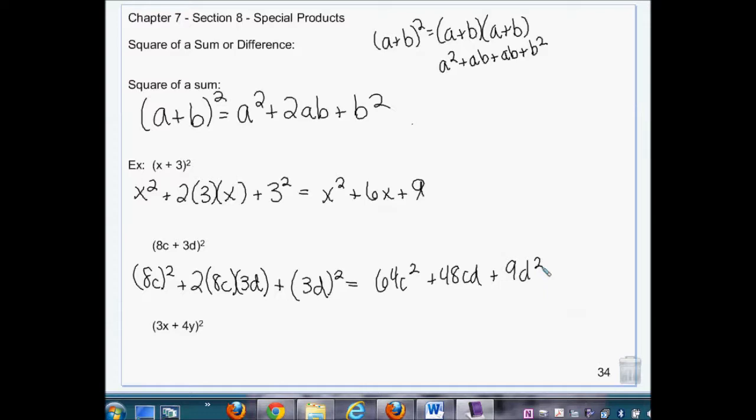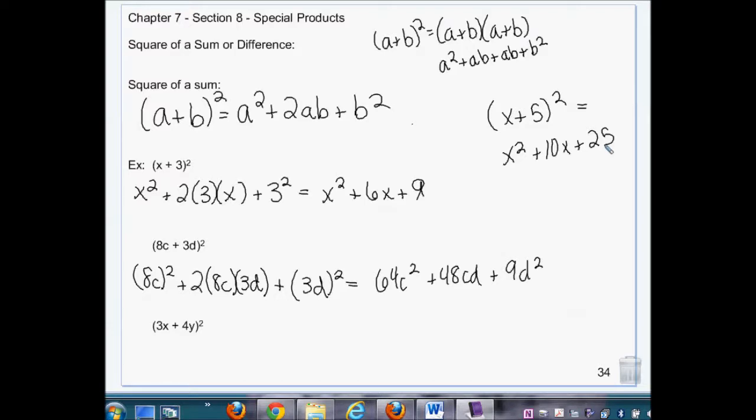Here, let's do another one that's fairly simple. Square the first term. Multiply these two together. That's 5x times 2. Square the second thing. Okay, next problem.